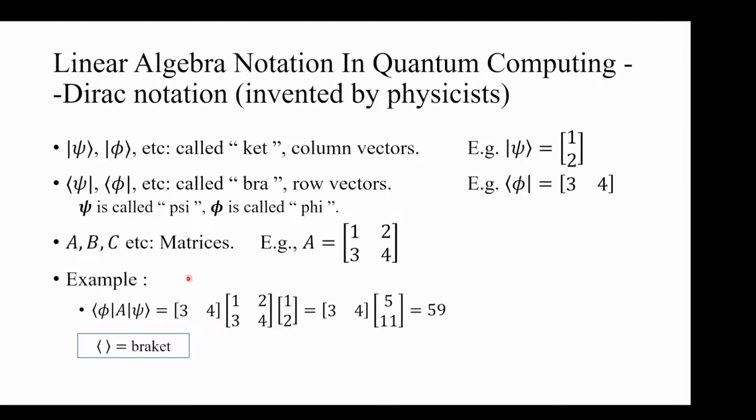So we have this row vector phi, then multiply our matrix, then multiply our column vector, and then you just do the usual matrix multiplication. Row vector times matrix times column vector, and then you find out the answer is 59.